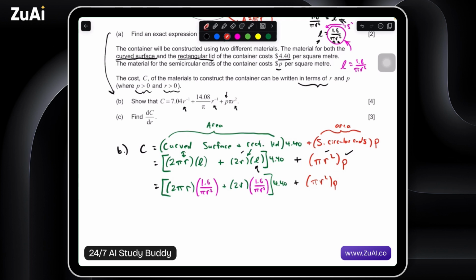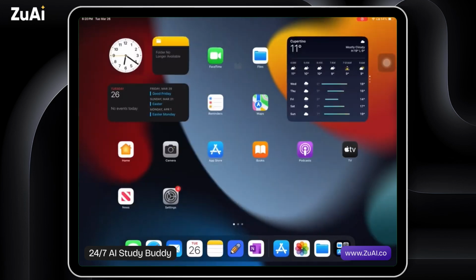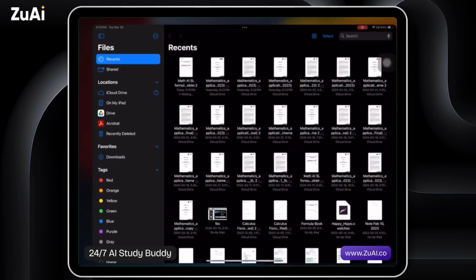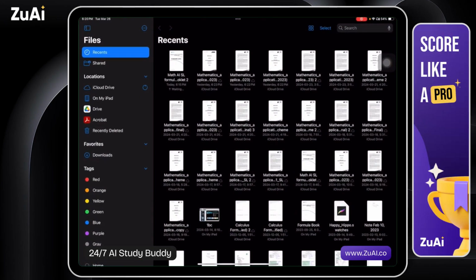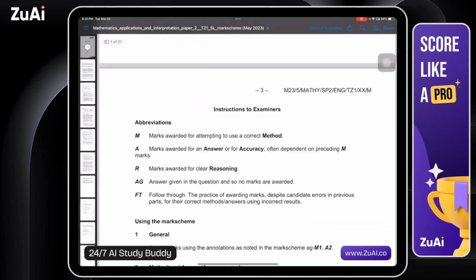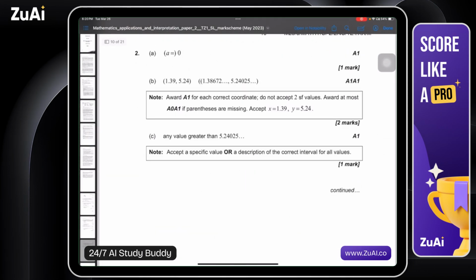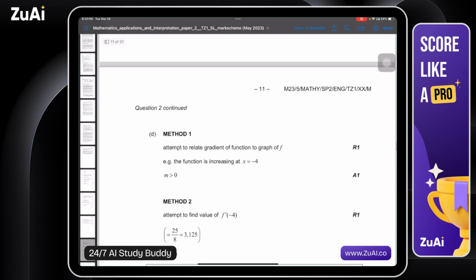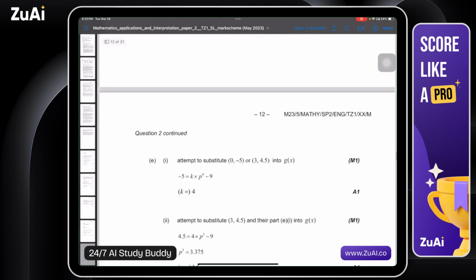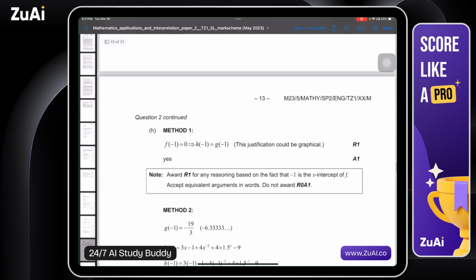Actually, to be honest, I'm going to try to look up and show you the mark scheme. I believe I have it here. If I don't find it within 10 seconds, then I will go on. Let's see, is this it? This is not it.